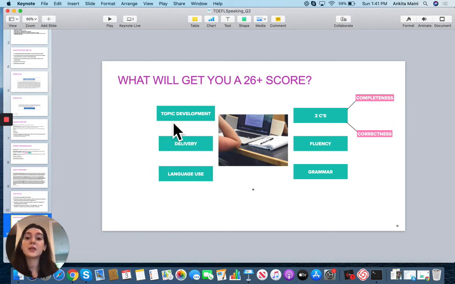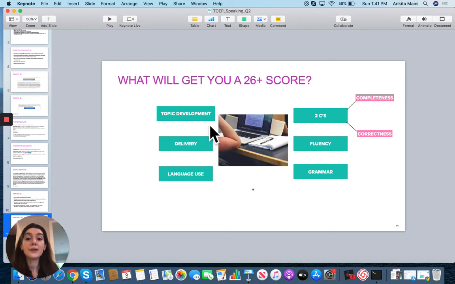The first is topic development, second is delivery, and third is language use. Okay? 3 things: topic development, delivery, and language use. Now, there are a lot of things that go under each of these categories. So today, for simplicity's sake, we're going to discuss one thing from each of these categories.